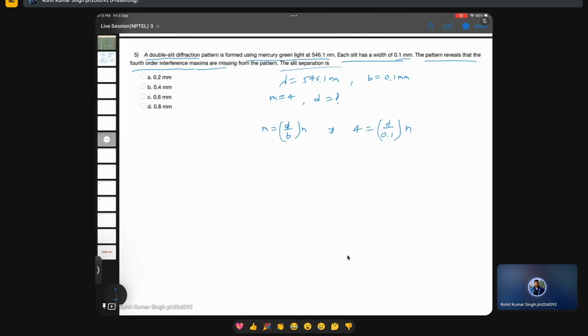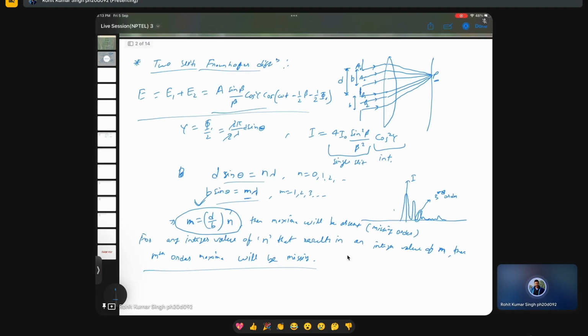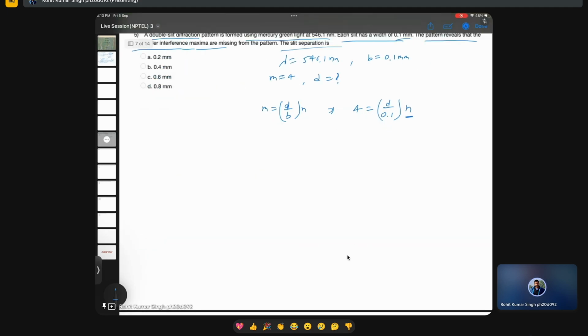So now what did I say? For any integer value of n, that results in an integer value of m. Okay. Now tell me, for which value of n that, so m is given here, right? 4. Now what values n can take? So n can be 1, 2, 3 and so on, right?